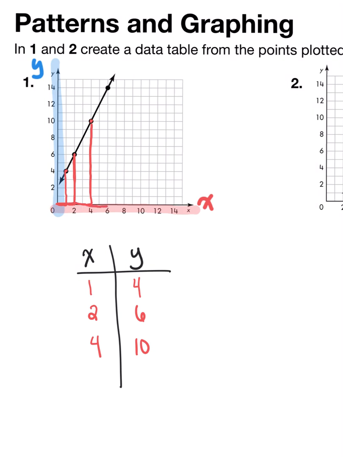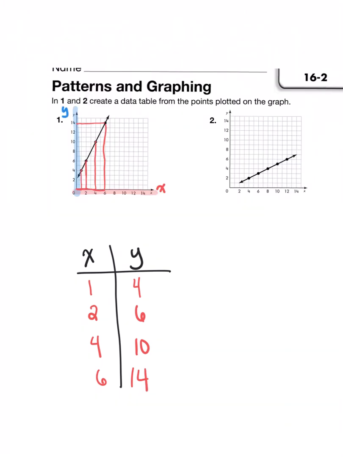X-axis 7, I think? Nope, still too far. X-axis 6? Yeah. Okay, sometimes if it's far away from the x-axis, it can be hard to line it up. So just work carefully. So x-axis 6, y-axis 14.